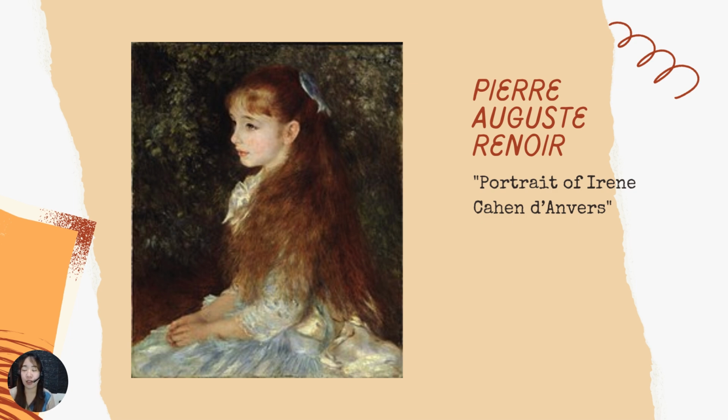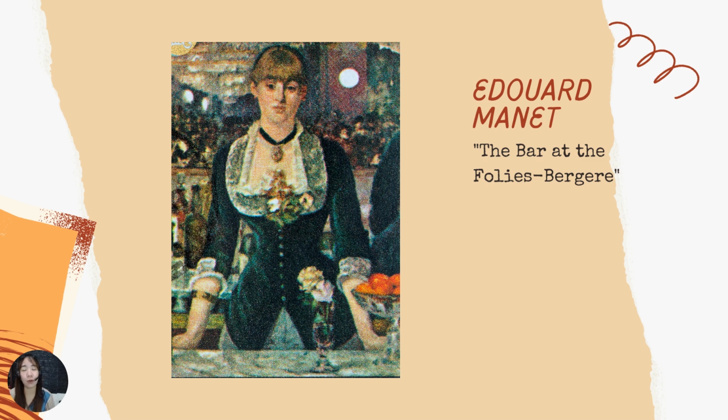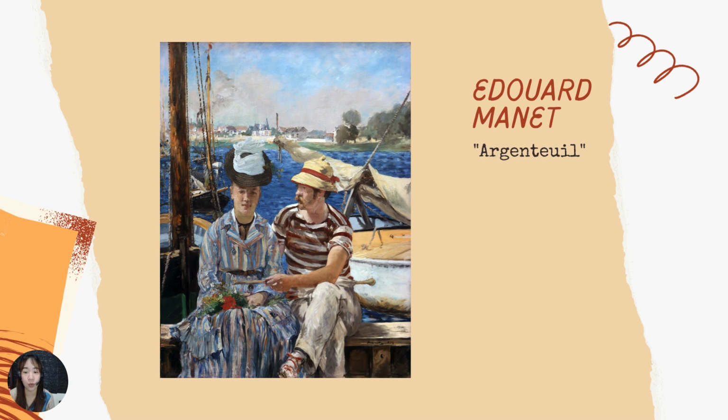And then the last artist that we have here is Edward Manet. Manet's works depicted modern life subjects. As you can see here, the bar, of course, the lady at the bar, and this one, Argenteuil. So, modern life subjects.